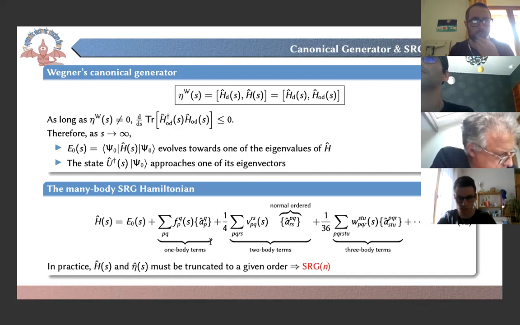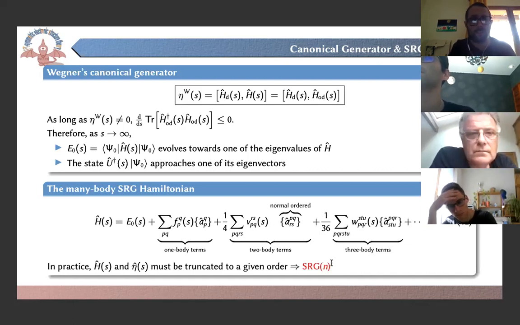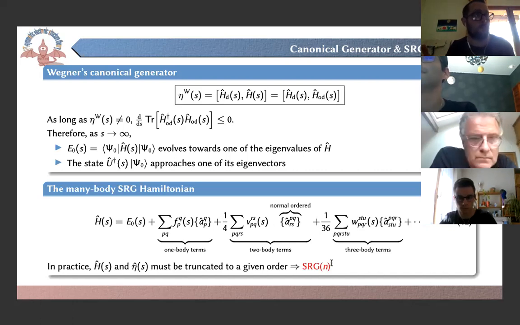So for example, if you truncate to the n-body terms, you're going to have a method which is called SRGn. Okay. So the simplest non-trivial one is going to be SRG2. It's basically like doing coupled cluster singles and doubles, where you stop at the 2-body terms.